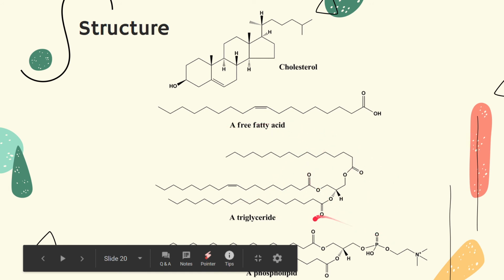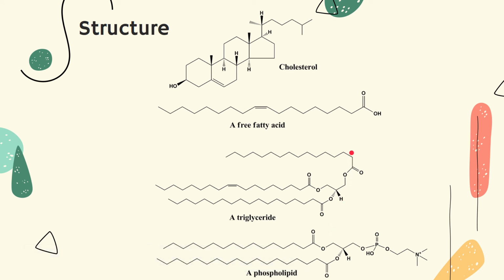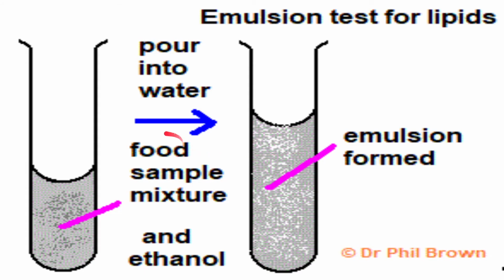So you already know that we find these within the phospholipid membrane, or you can find them in your blood being transported in chylomicrons, but we're not going to talk about that. What we're going to talk about is the emulsion test for lipids.